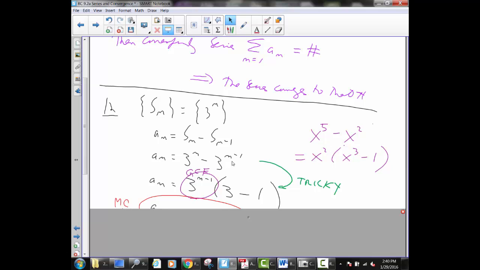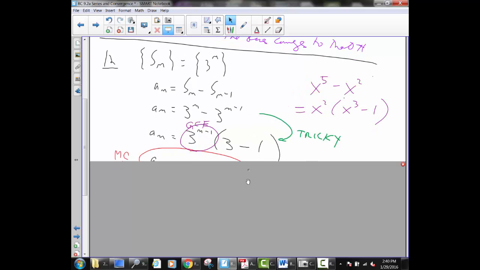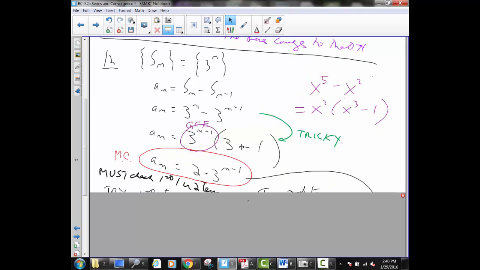So if you look at these two exponents, the smallest one is n minus 1. So if I factor that out, 3 to the n minus 1 times 3 to the 1 would give 3 to the n, minus 3 to the n minus 1 times 1 gives 3 to the n minus 1. Well, of course, 3 minus 1 is just 2. So we get an equals 2 times 3 to the n minus 1.